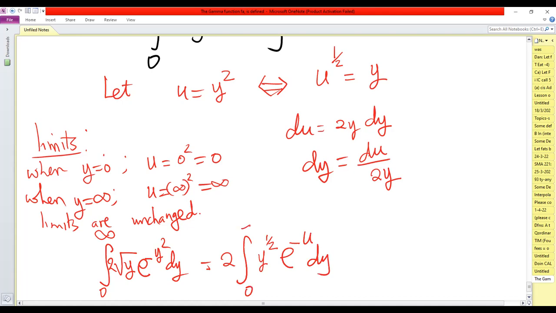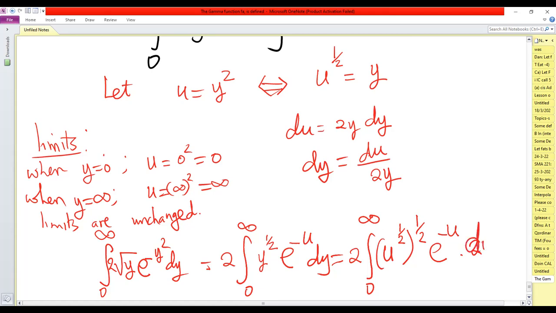So this is 2 times the integral from 0 to infinity. Now, y alone is given by u raised to power half. So this is the same as u raised to power half, and then u raised to power half, e raised to power minus u, and dy is the same as du over 2y.